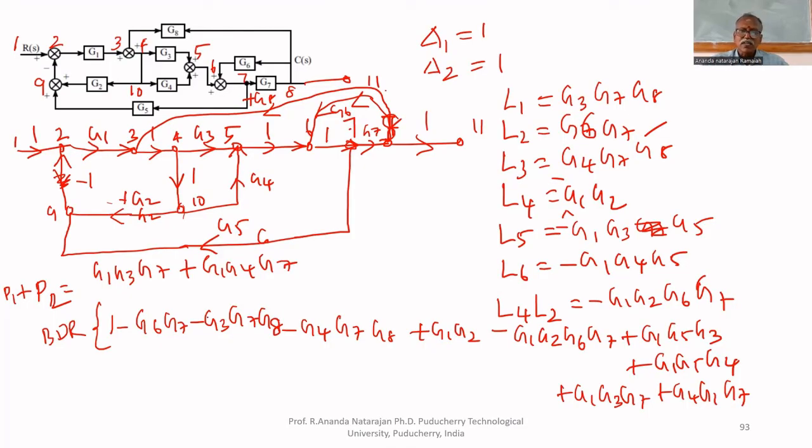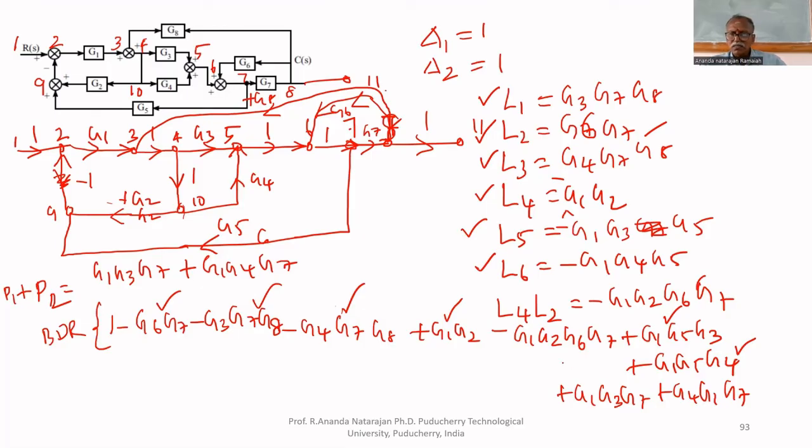Here, whatever we got as L1 we will tick. G1, G2 we got. G3, G7, G8 we got. G6, G7, that is also we got. G4, G7, G8 we got. G1, G3, G5, that is also we got. G1, G4, G5, that is also we got. G1, G3, G6, G7.